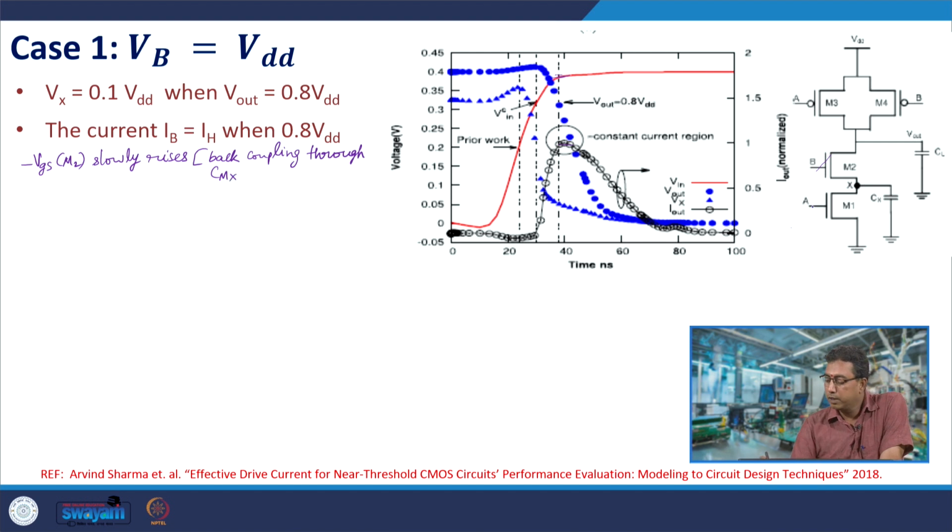So, let us call this CMX and CMP. This causes the driver of input A, as in the case of the inverter, to be affected by this, and therefore the input rise is quite slow in this regime.